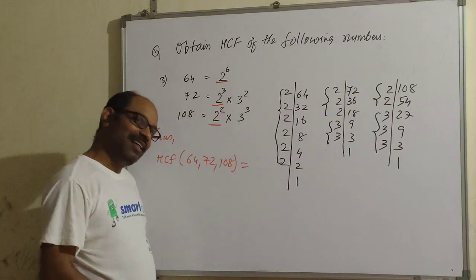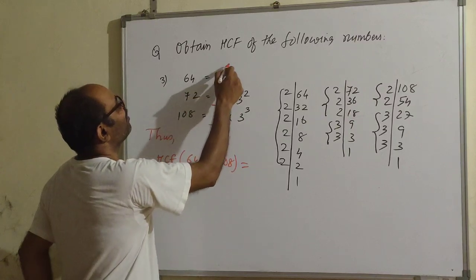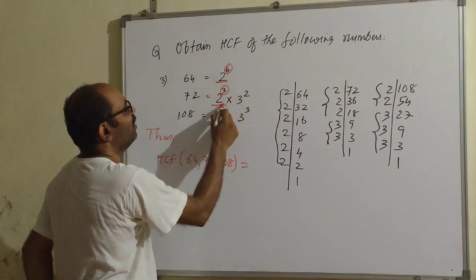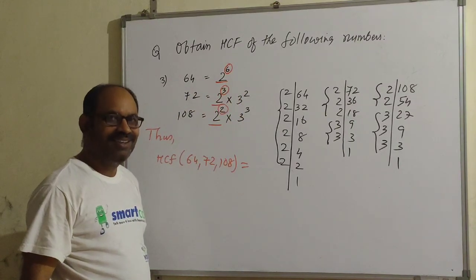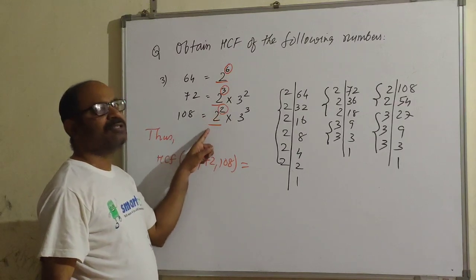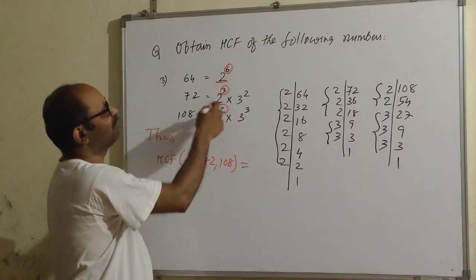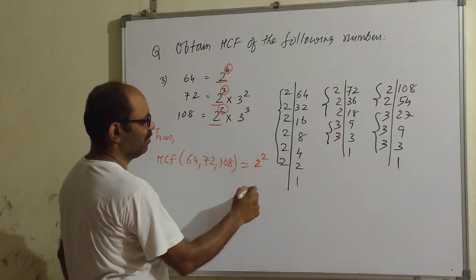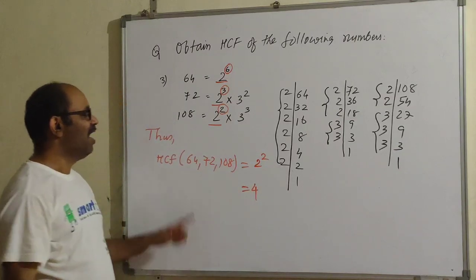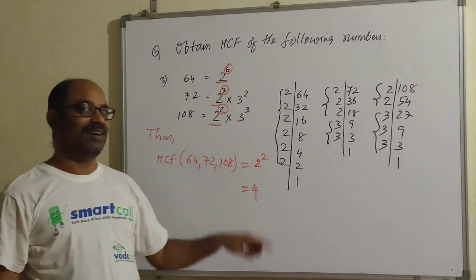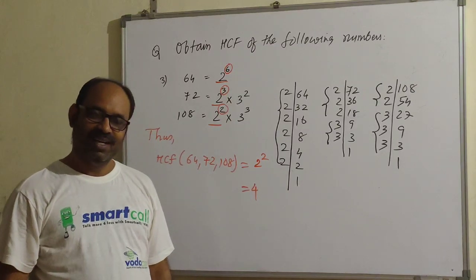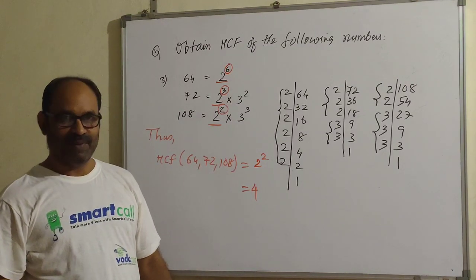Then the same story. Look at the exponent, which is the smallest one. Very good, 2. So 2 square you have to choose. That power with the smallest index is 2 square. So what is HCF? 4. HCF of 64, 72 and 108 is 4. Clear to you? So, got how to find HCF?